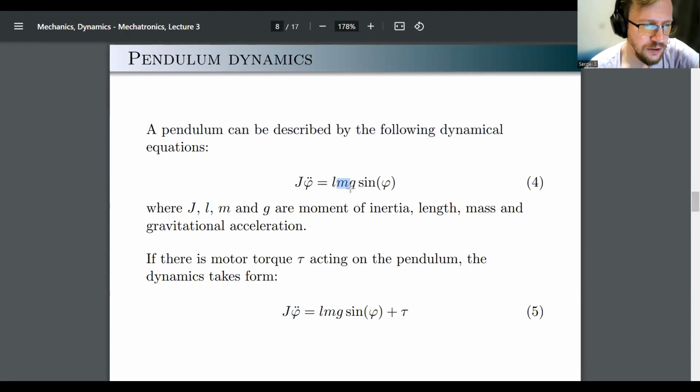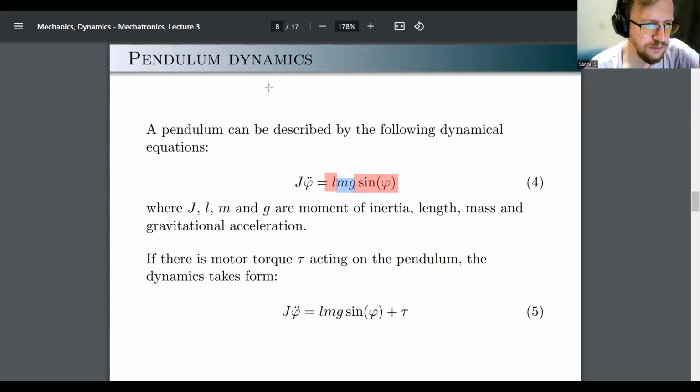Well, gravity, mg, that is the force, right? Now, this L times sine of phi is what makes it into a torque. So this force creates a torque, and the torque is L sine phi times the force, right?